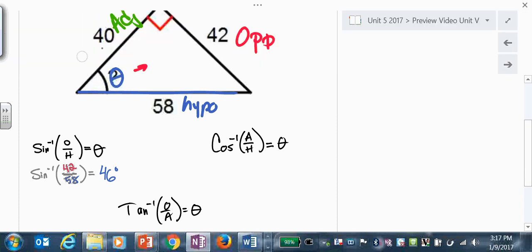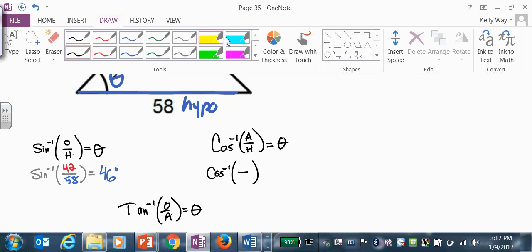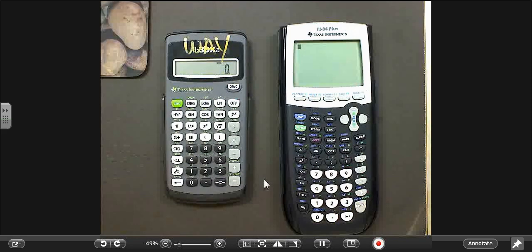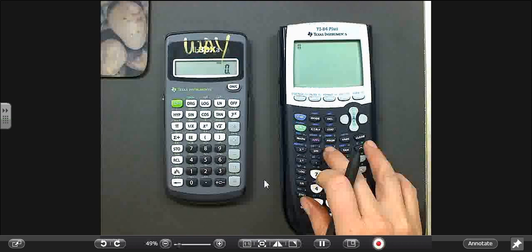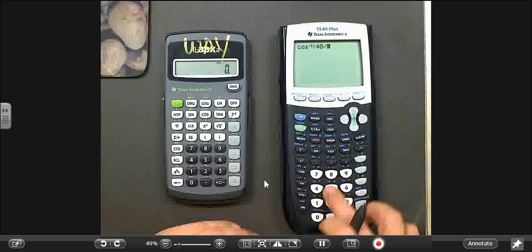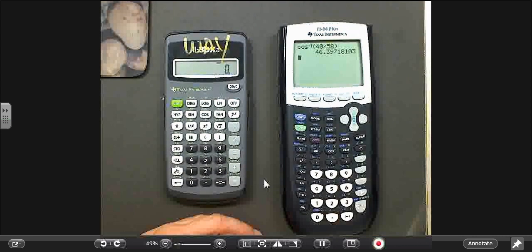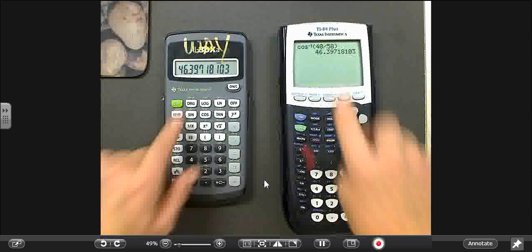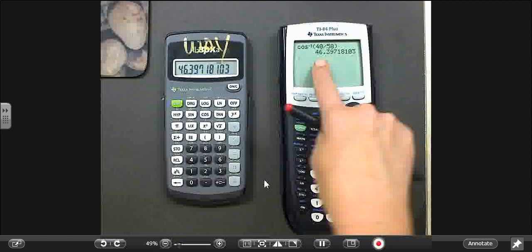Let's do this one. Inverse cosine, adjacent over hypo. Adjacent is 40 over 58. Let's see what that gets us. Second function, cosine, 40 divided by 58. Over here, 40 divided by 58, second function, cosine. You should be getting the same thing: 46 degrees.